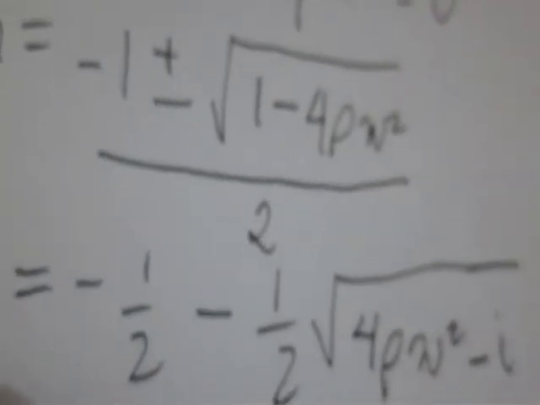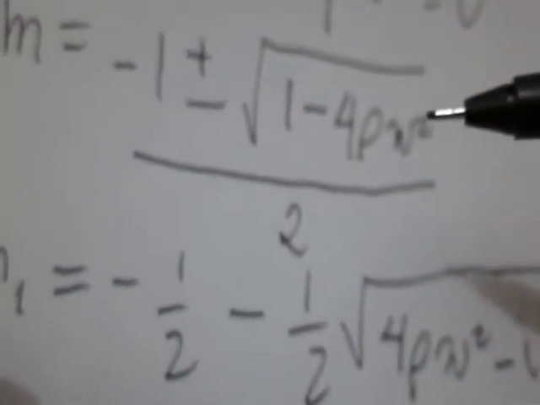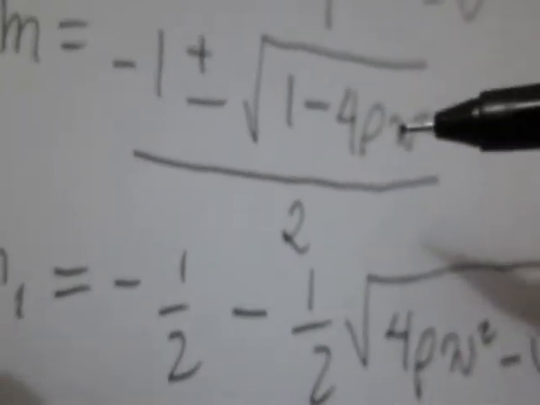The problem stated that rho omega squared is greater than 0.25, and since rho omega squared is greater than 0.25, this term here is always greater than 1.